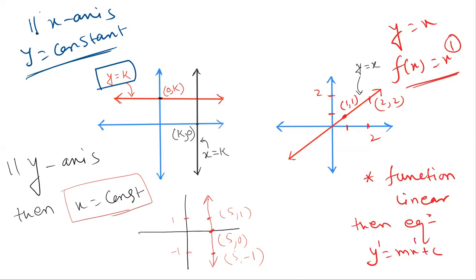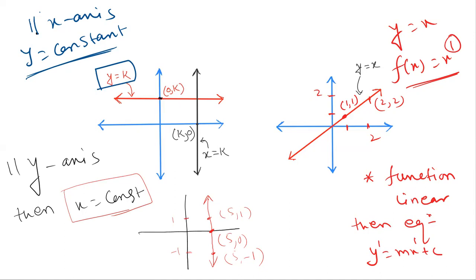Each variable and its degree or power is 1. Since the power is 1, the highest power becomes the degree. So for a linear graph, it will be a straight line.